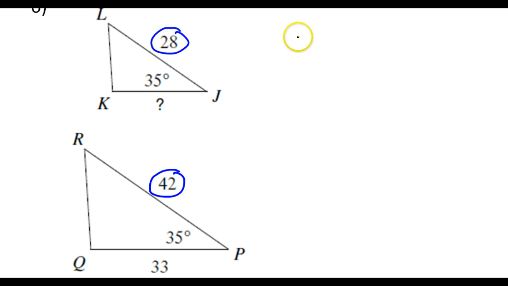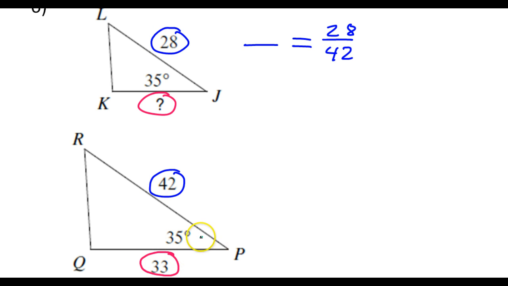So let's put those together as a fraction: 28 over 42. Now we can set that equal to another fraction made out of the thing that we're trying to find and its corresponding side. So if I do 28 over 42, then I have to do question mark over 33. So it's just a matter of cross multiplying.